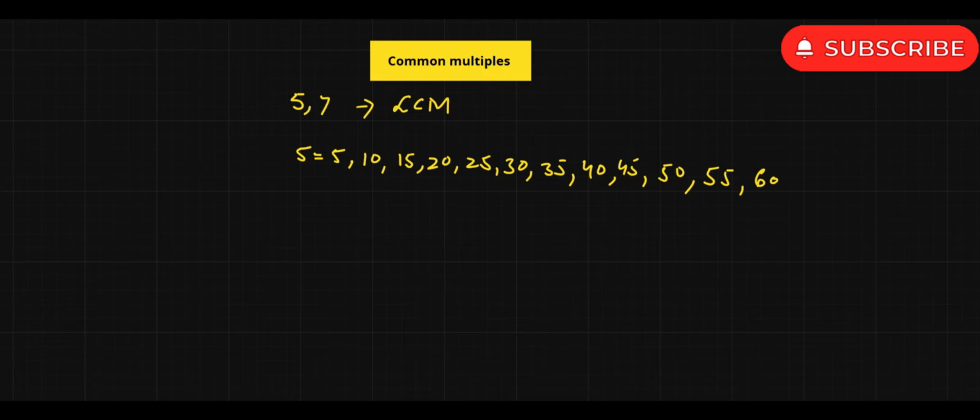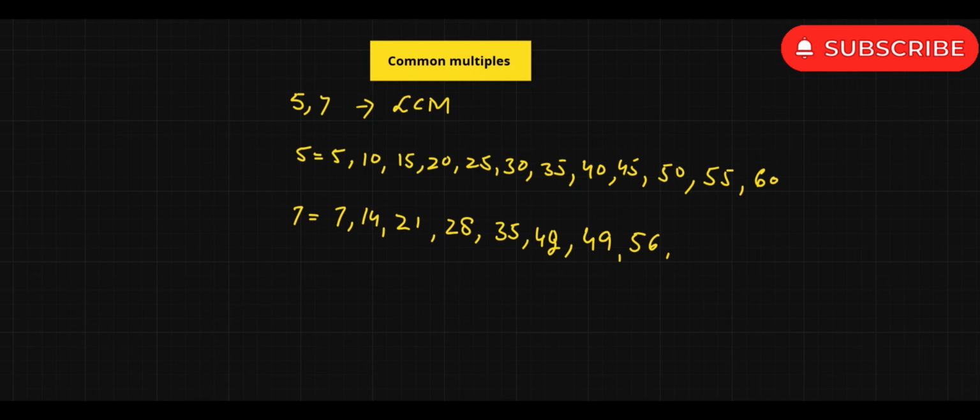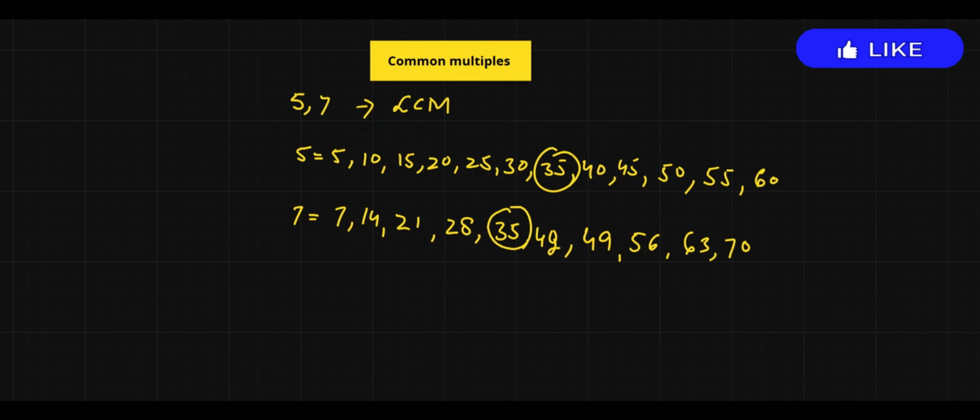The next is multiples of 7. So 7 times 1 is 7, then 14, 21, 28, 35, 42, 49, 56, 63, and 70. Now the common multiple is 35, and here it's also 35. So the LCM has to be 35.